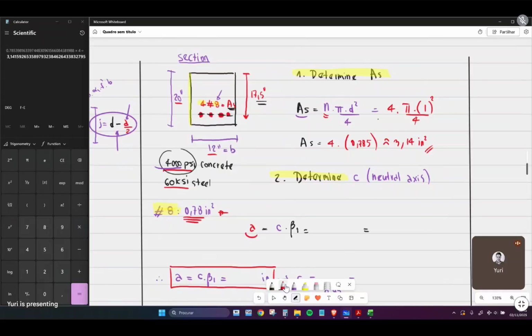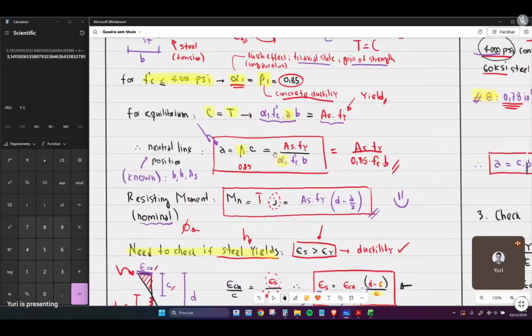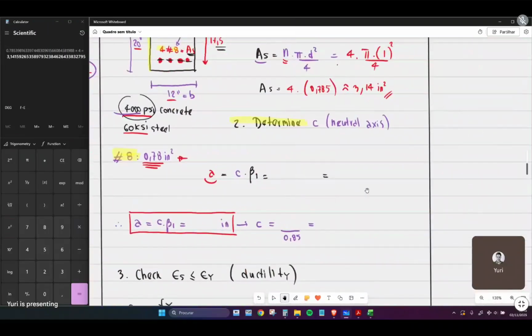Okay, from the equations that we saw in the previous video, you can check here the equations for the position of the neutral axis x and for the nominal bending moment. So applying the equations is quite simple. It's As times Fy, so the force of the tension reinforcements, divided by 0.85 because the concrete is under 8,000 psi, multiplied by f prime c times the width of the beam.